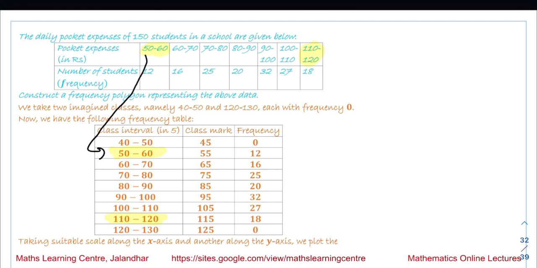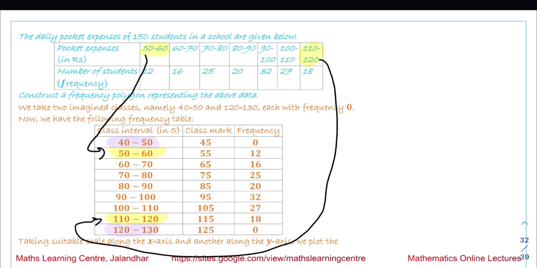This value is here and this value is up to this. So we have added two intervals over here. These are the imaginary intervals, and the frequency corresponding to these two is 0. Next we have to write the class marks.